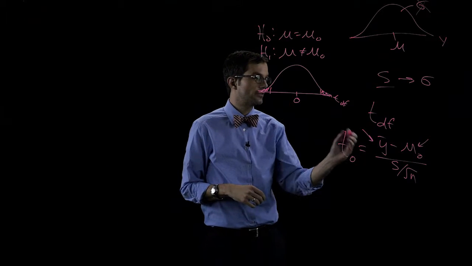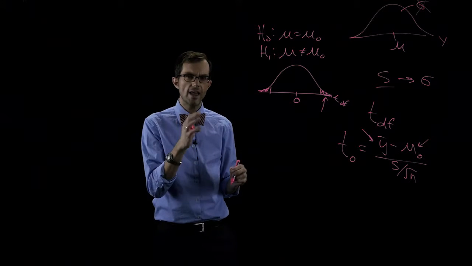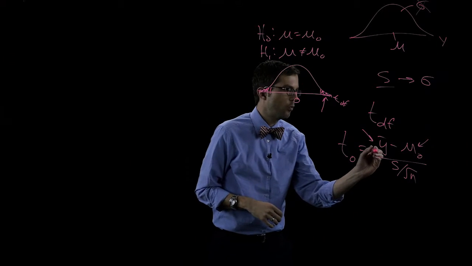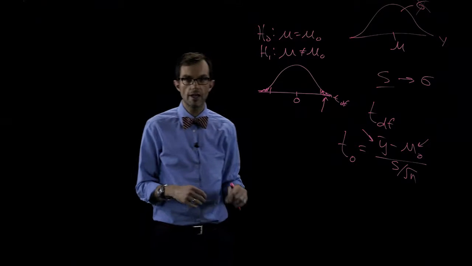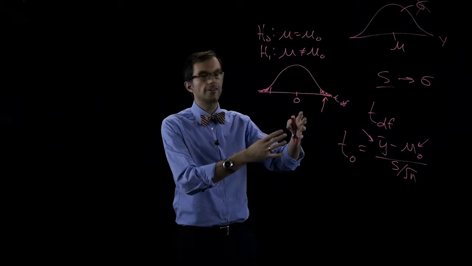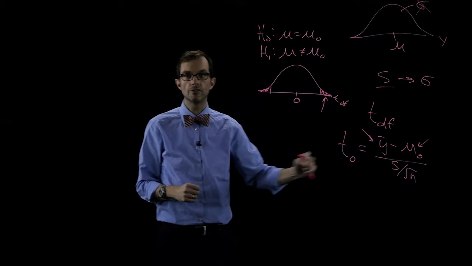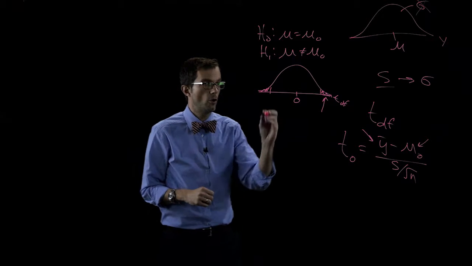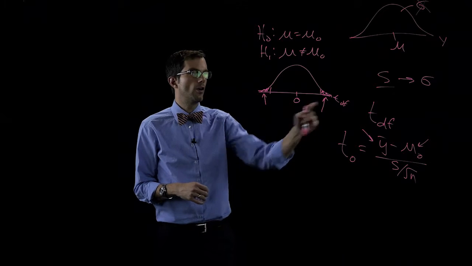And we calculate this test statistic. If this test statistic lies out there, what does that mean? That means that y bar must have been a lot bigger than mu 0. Okay, a lot bigger means significantly bigger, bigger enough such that we would conclude that those two things are different numbers. Or if it lies down here, what does that mean? That's a negative value of t.